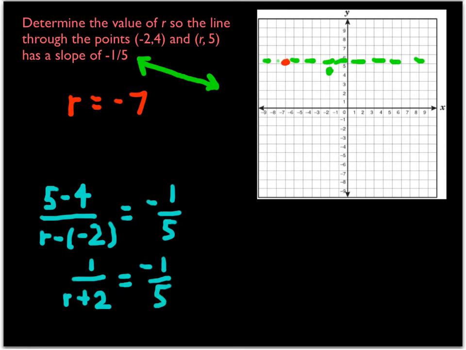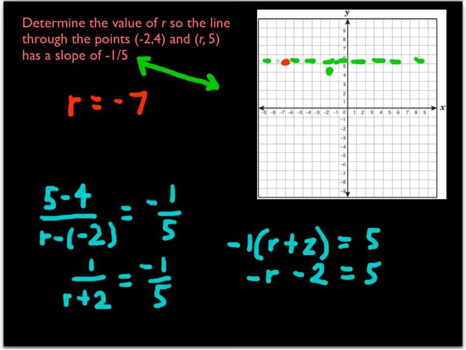Now I could do a little cross multiplying, which you may remember. And if I do that, I'm going to get negative 1 times r plus 2 equals 5. When I have a negative 1 on the outside there, that's going to be negative r minus 2 equals 5.